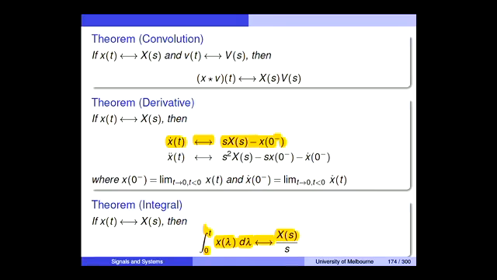Because my Laplace transform takes the integral from 0 to infinity, why should I care about anything that happens as t approaches 0 from this side? Mathematically it's a long explanation, but let me give a reasonable simplified explanation by showing something.